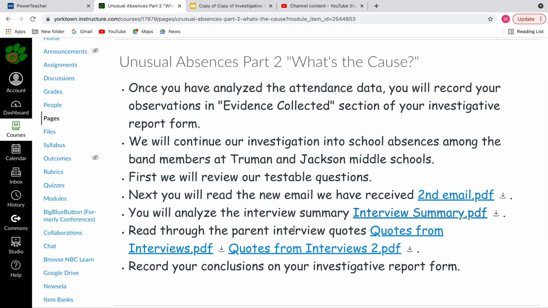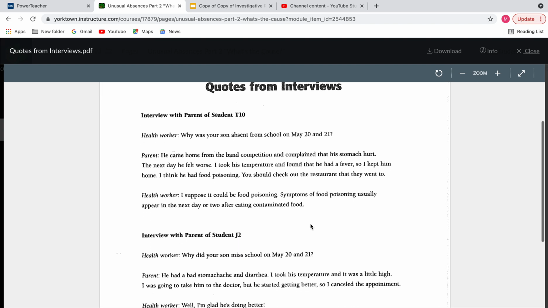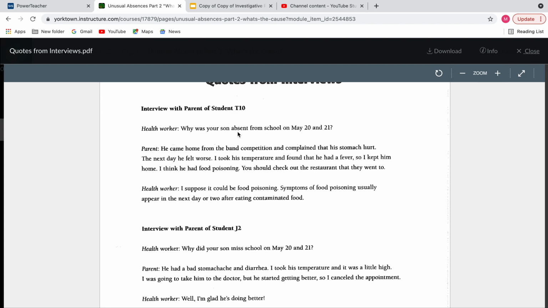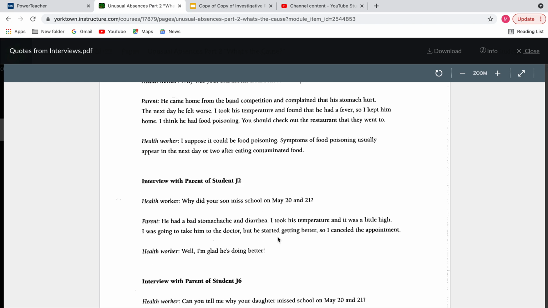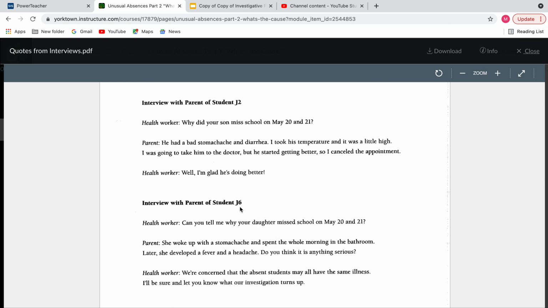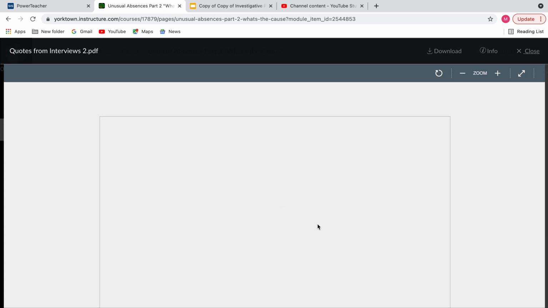And then once you read through that interview summary, you will read through the parent interview quotes. So we have these quotes from the parent interviews that were available. So it tells you student 10 from Truman, student 2 from Jackson, student 6 from Jackson. So it gives you what school they're from, what student they were.